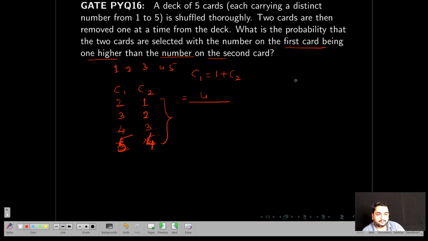So here first I choose 1 of the 5 cards, the first card. Then I will be left with 4 cards, right? So total outcomes will be 20. So in 20 ways I can choose them. So this is 4 by 20 or 1 by 5. Okay. So very simple, but a little bit tricky.